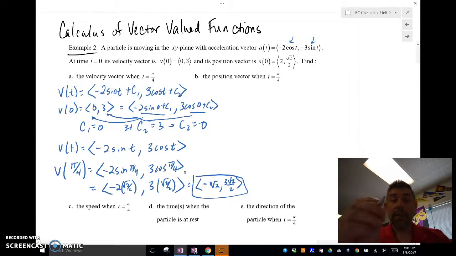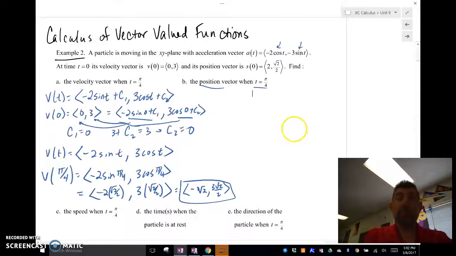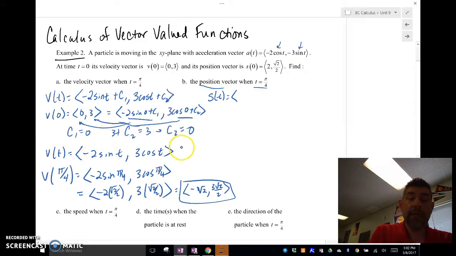Okay. The position vector at t equals pi over 4. So now we've got to deal with these components again. I'm going to do the antiderivative of the velocity.